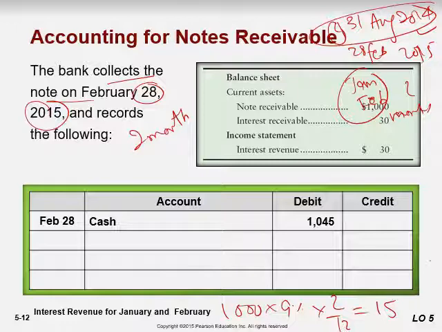Right? And the previous interest receivable was 30, and this is the current interest, right? So total interest is 45, right? Let me just write it down. It's 45.